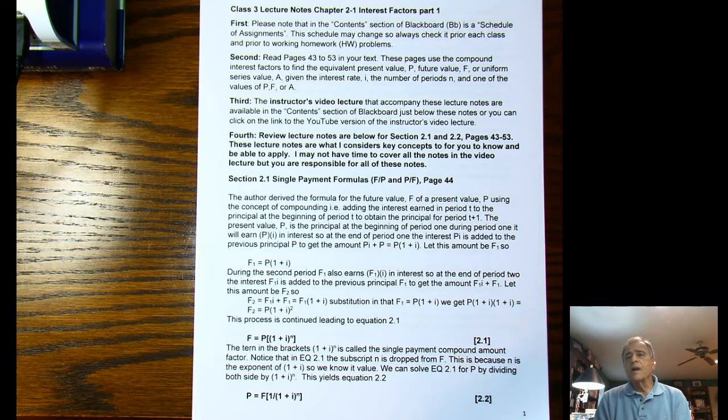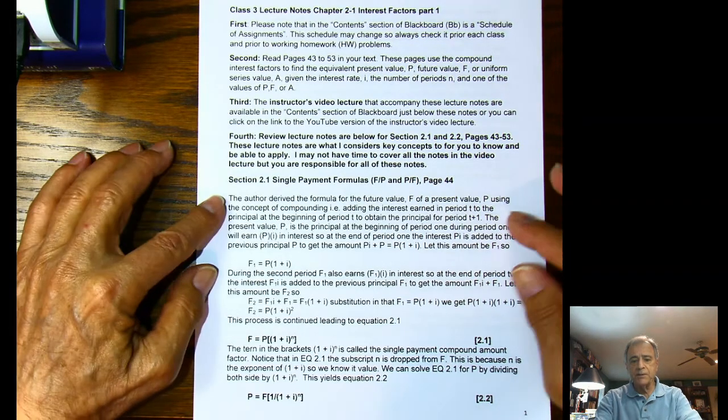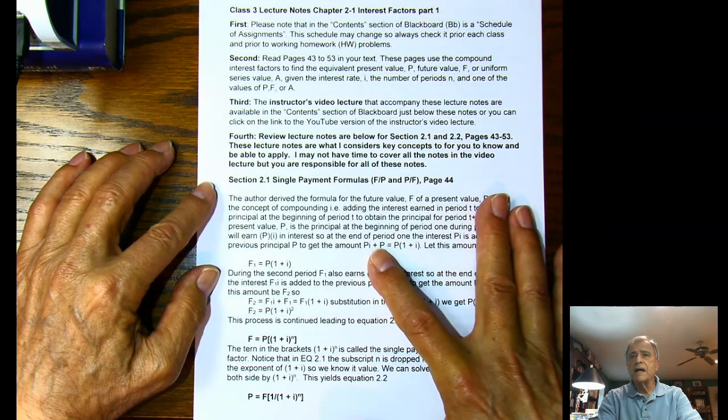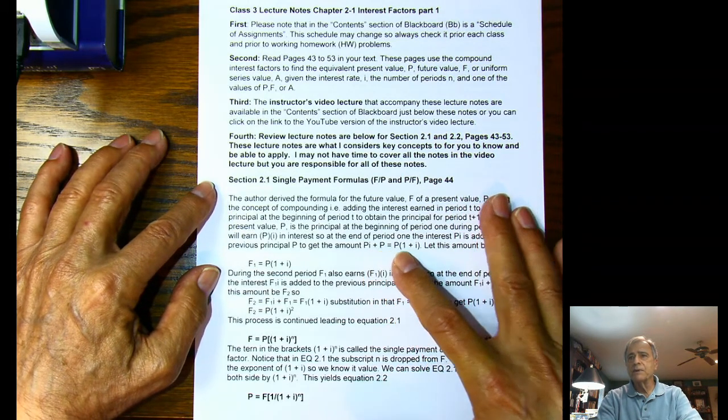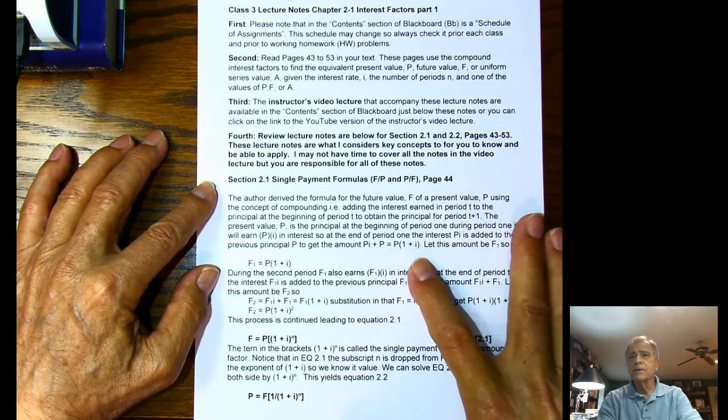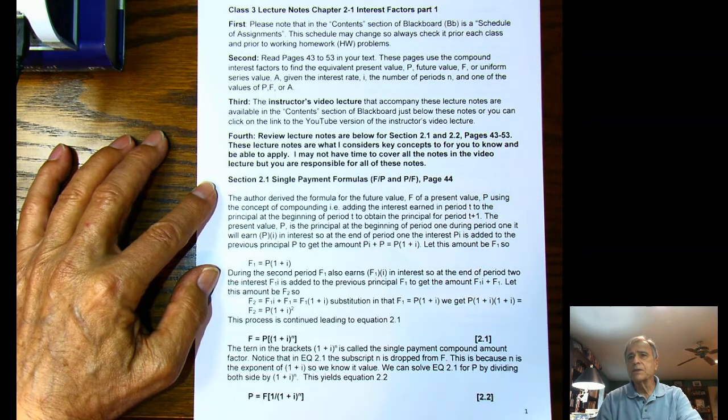So the author sort of derives the formula for the future value of a present sum. And he starts by saying, okay, if you have a present sum of P dollars and you earn interest at the rate of I, then after one period you would have interest of P times I plus the P dollars would still be there.